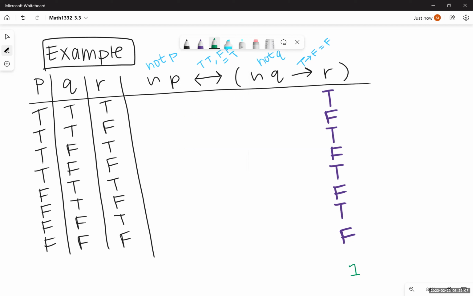The second column that I would do now is actually the negation of Q. Q goes TTFF, TTFF. So right here, I'm going to write the negation of Q, which would be FFTT, FFTT. And that'll be the second column that I've worked on.